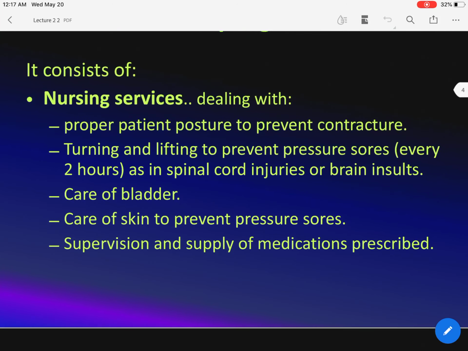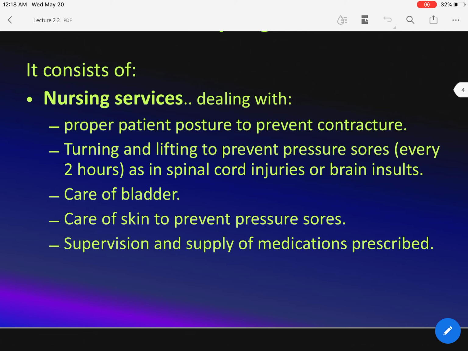What are the facilities? First, nursing services dealing with very important. Nursing service means at the ward of neuromedicine, at the ward of orthopedic surgery, at the ward of cardiac injuries. Nursing service must start from these places. First, proper patient posture to prevent contractures.